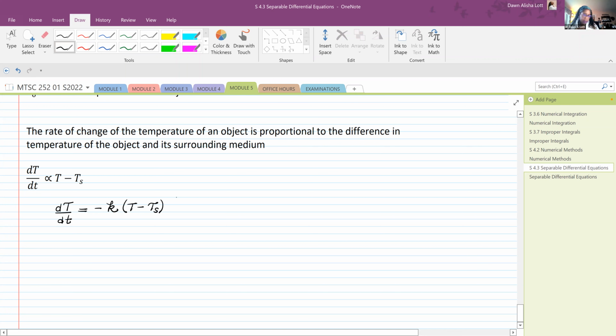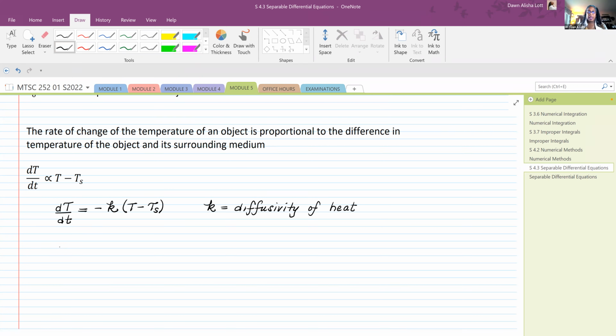And here, K is the diffusivity of heat. And all objects have a different K. A steel ball is going to have a different K than an aluminum ball or a copper ball. They all have their own diffusivities of heat. Okay. And the assumption is that K is positive.